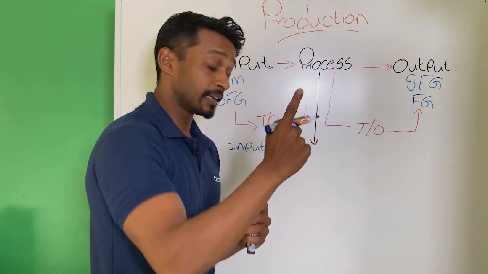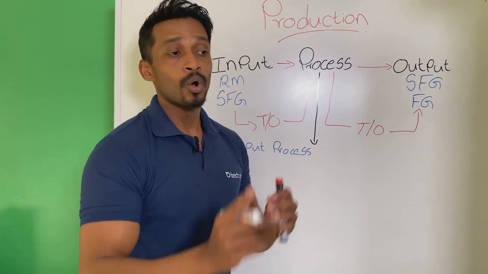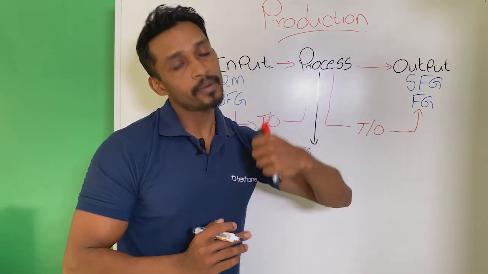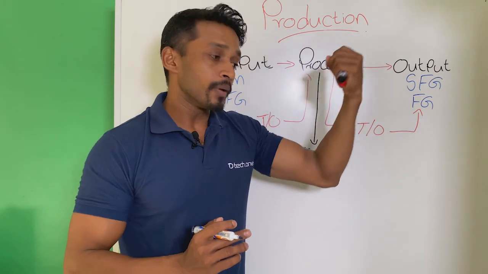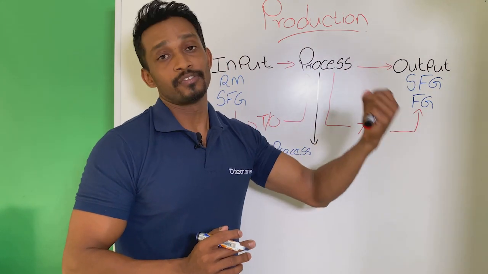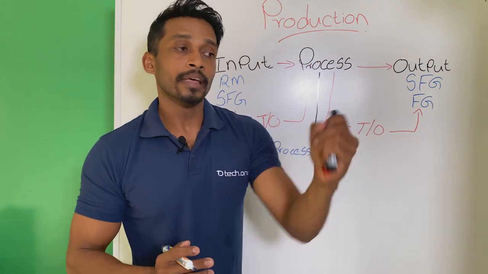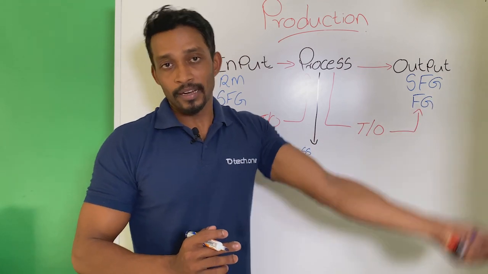In that discussion, I told you, once we GRN goods, once we get goods into our premises, our inventory account gets debited. It means the raw material account gets debited, and the vendor, or if we pay cash, the cash account gets credited.